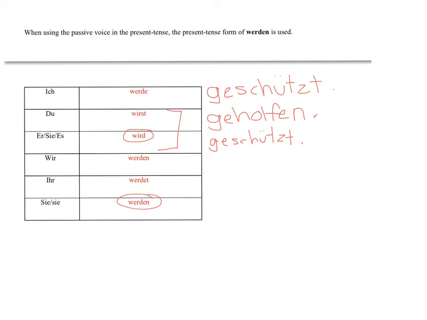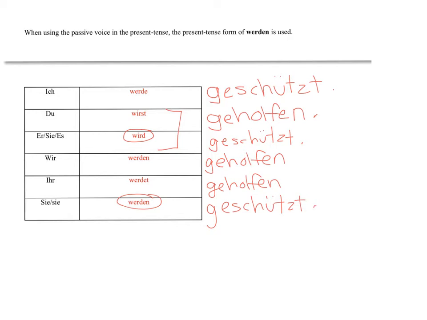We are being helped. Wir werden geholfen. Ihr werdet geholfen. You guys, you all, y'all are being helped. And then the plural like we saw in those other examples. They, or sie, or plural items, werden, they are being, we'll use geschützt again here.